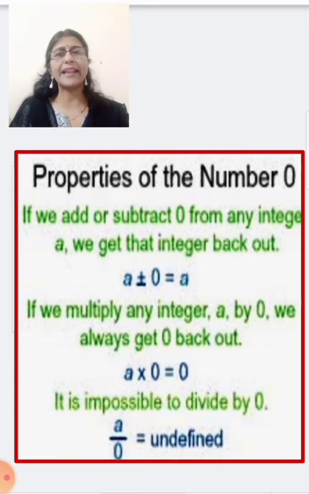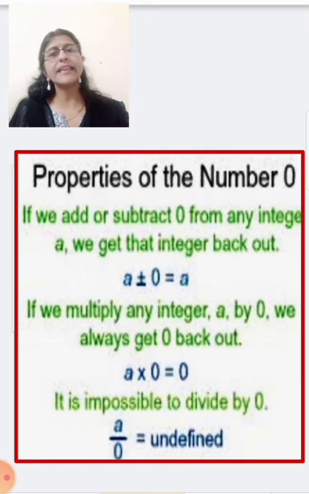And when you subtract 0 also, you will get the same integer. If we multiply any integer a by 0, we always get 0. So when a is multiplied by 0, we get 0.